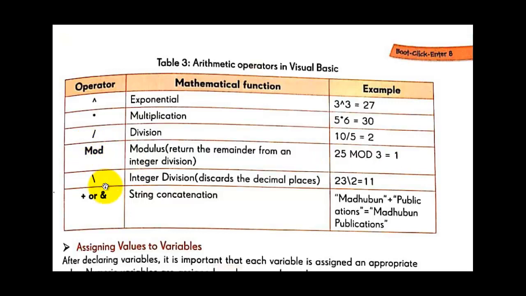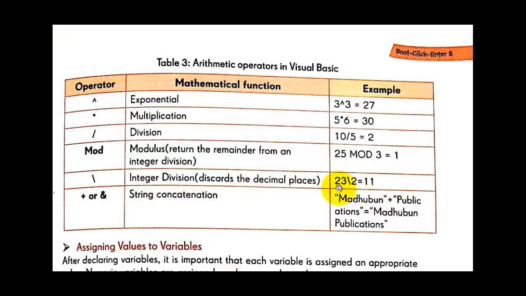Then the next is the backslash, integer division. It will discard the decimal places and take only the whole number, not the fraction.